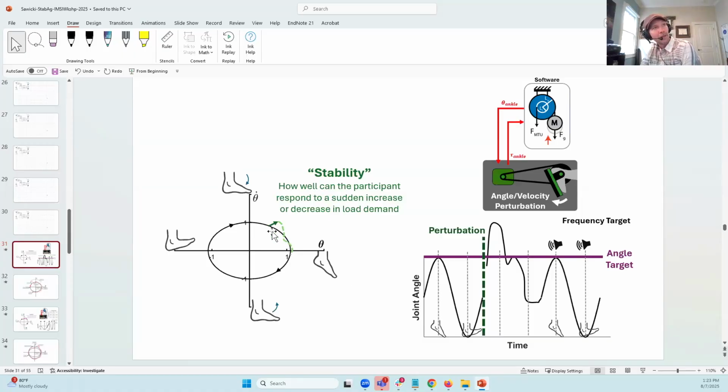And one thing we can do to measure the stability might be to calculate the total energy of the system, which in this case is easy. It's just 1/2 times m times the velocity squared. If you put that in rotational terms, there's a moment of inertia that the person is overcoming with their torques.